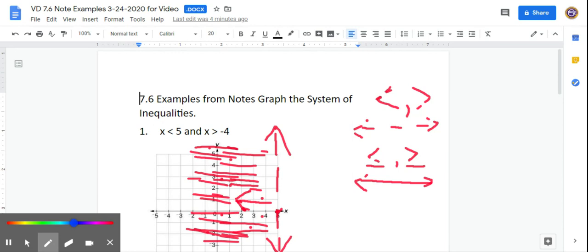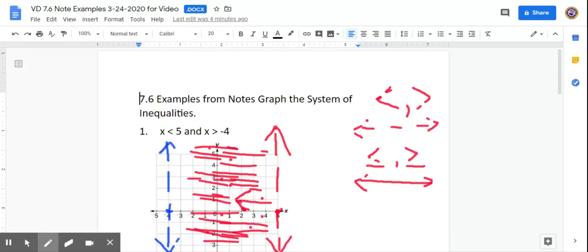The second line is x is greater than -4. Again, we go to where x is -4. We know we have a vertical line, so again, up and down. The inequality is greater than, so it's a dashed line because the points on the line aren't part of the solution set. And where do the values of x get larger?